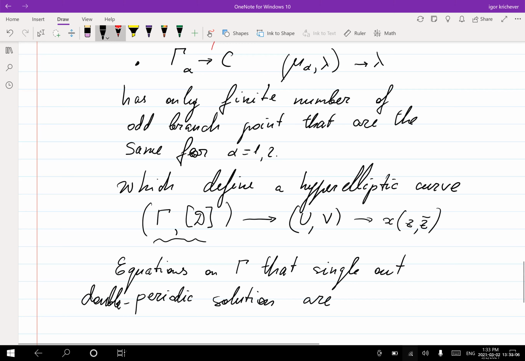These equations are transcendental. You will see later their analog in our approach, and they are transcendental in the following sense. You have a moduli space of hyperelliptic curves, and the conditions that single out the spectral curves that give rise to solutions of the problem are formulated in terms of periods of certain integrals, second kind integrals. And there is no hope, to some extent, to solve them explicitly. Maybe it's the best possible answer, but of course it's not completely satisfactory.